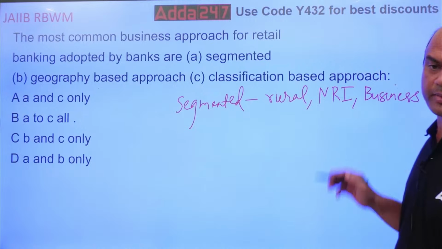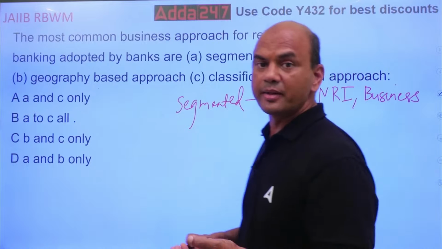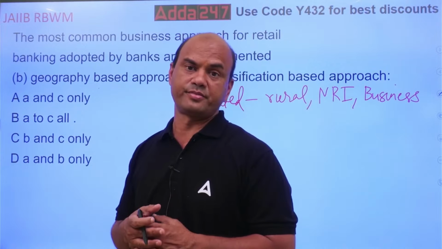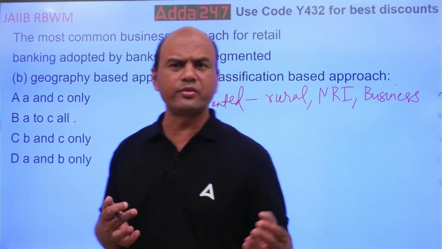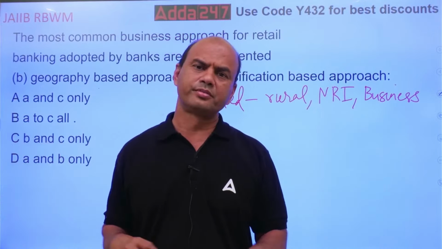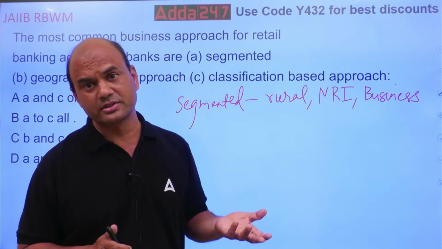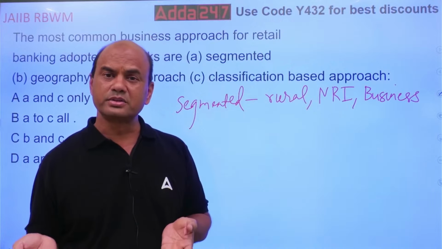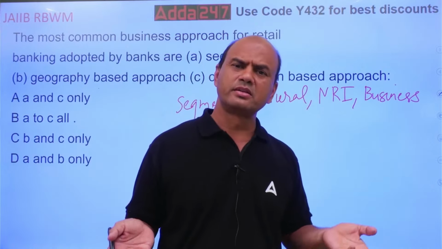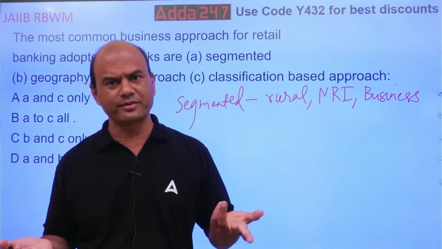So in segmentation, as per the customer base, I am changing the name of that branch and the way of looking at that branch. If it's a business branch, I'll have a lot of current accounts, CC, term loans. If it's a rural branch, I'll have a lot of KCC accounts and tractor loans. If it's an NRI branch, I'll have a lot of Forex, dollars, FCNR, NRE and NRO accounts.